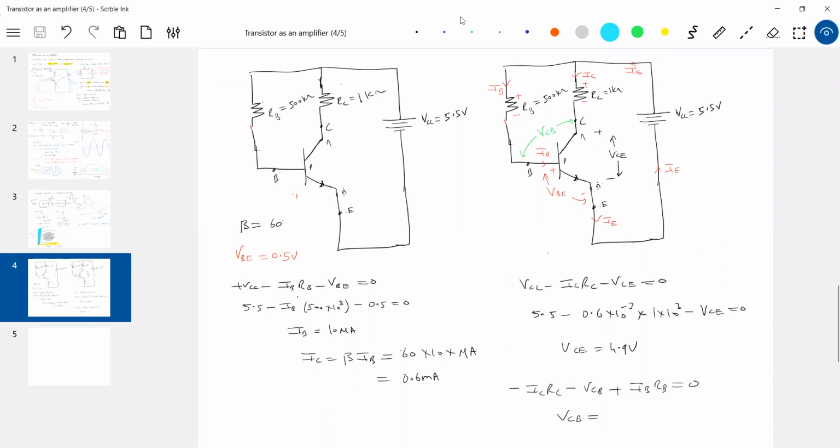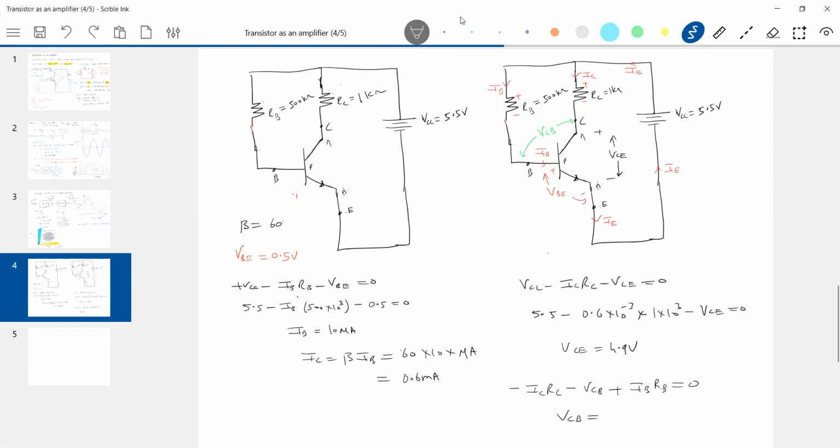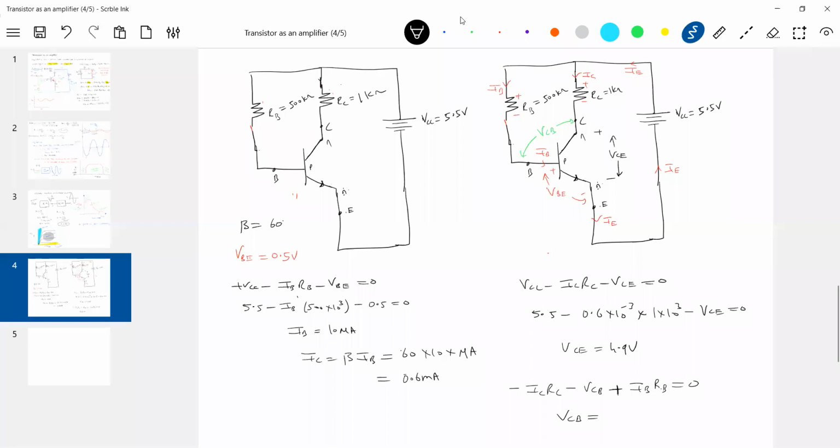Anybody, please just use the tablet and give it, no? ICRC is 0.6 volt, no? Value of VCB? Anybody please respond.